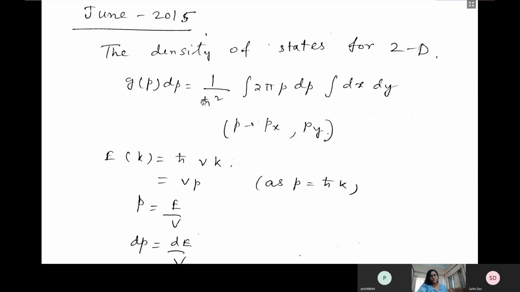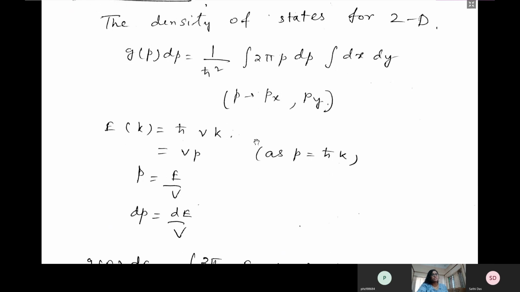So it is h cross square, and you take the integration over 2 pi p dp, where within p there are two terms, that is one with px, another with py. So it is actually 2 pi px dpx into py dpy. Okay, so integration over dx dy, we can write it as the area of the macroscopic system.